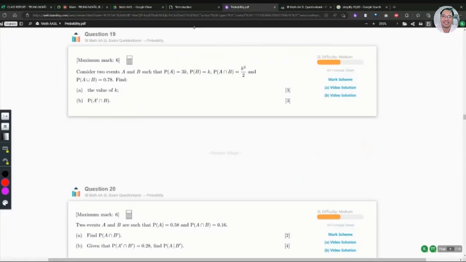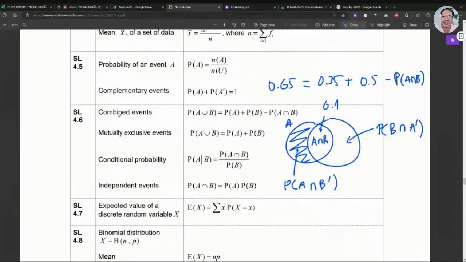The conditional event one, right? No, the equation that you need to use to answer the question is the combined events here.